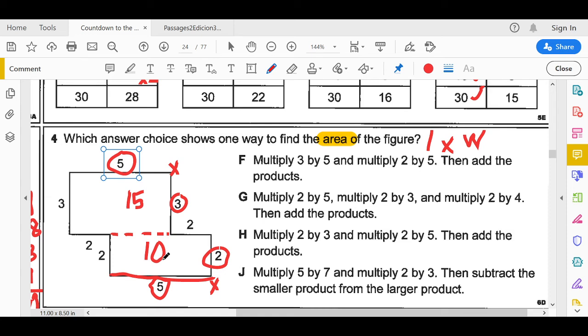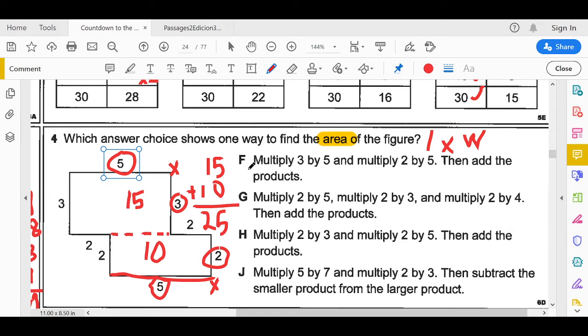In order to have the total area, which is the question, we need to add 15, which is the area of 5 times 3, plus 10, which is the area of 5 times 2. And that gives us 5 plus 0 is a 5, and 1 plus 1 is 2, right there.